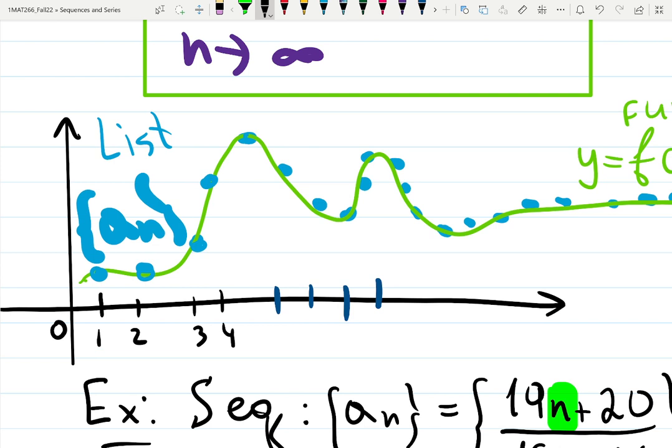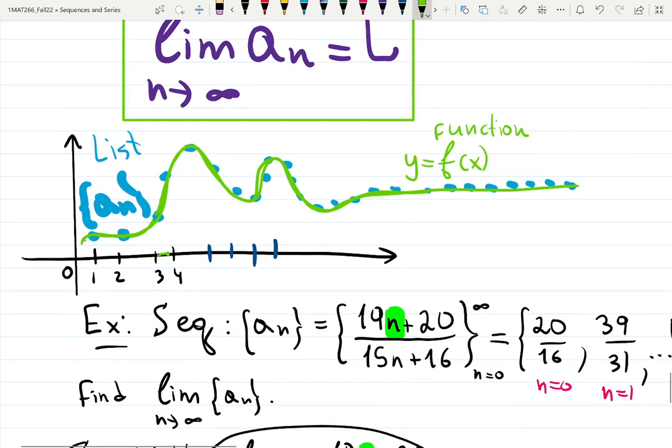While the function doesn't need a counter, it can take different numbers, even irrational numbers like square root of 2 or pi. That's the difference, and as you can see, it's continuous. It doesn't have gaps. What is between 3 and 4? Lots of stuff between 3 and 4. Pi is also between 3 and 4.